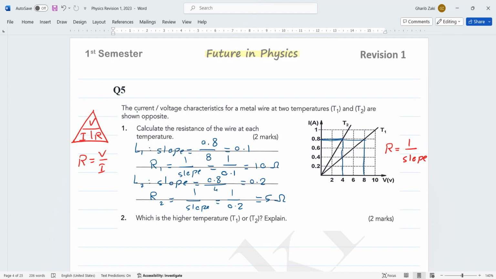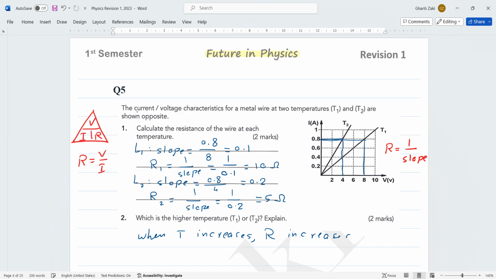Now, which has the higher temperature? We know that for a metal wire, when the temperature increases, the resistance increases. So the wire of higher temperature has the greatest resistance. Because when the temperature increases, the resistance also increases.